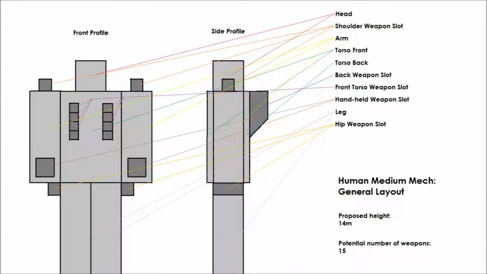And then, of course, we've got the nervous system, which is going to be the commands that are wired throughout the mech, and that's going to come down from the head, down the spine, and spread out along the limbs.